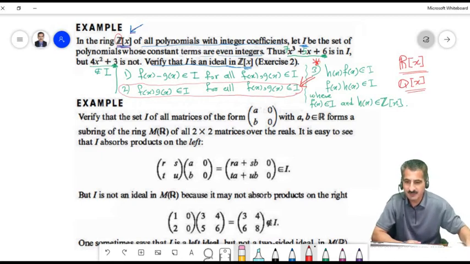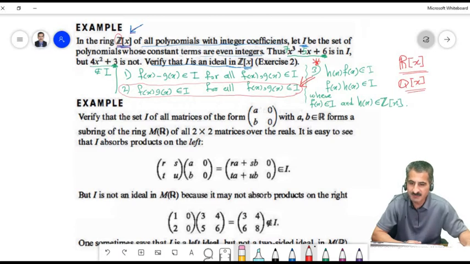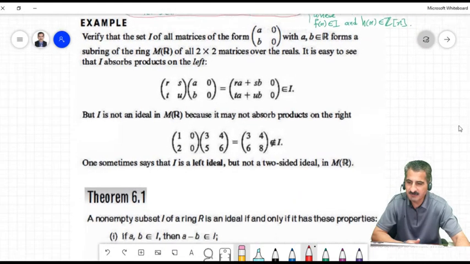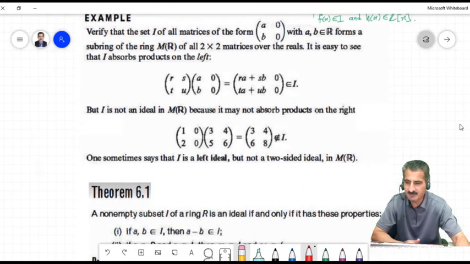Okay, so what we achieved in this example is that this ideal, which consists of all polynomials of integer coefficients whose constant term is even, is an ideal. So this subring is an ideal. Okay, another example of ideals is the following.